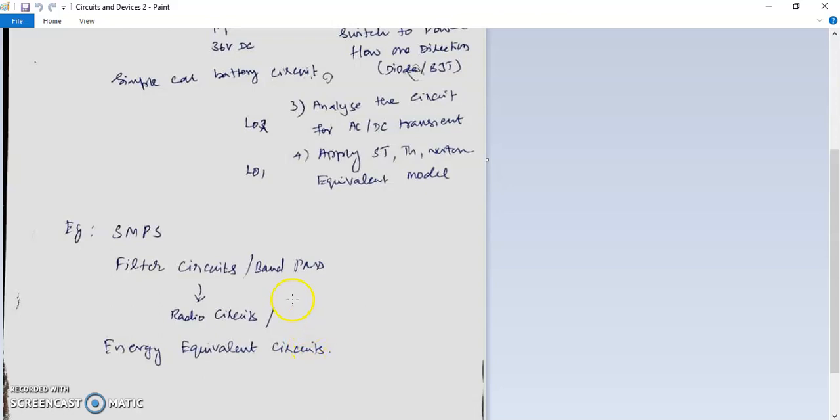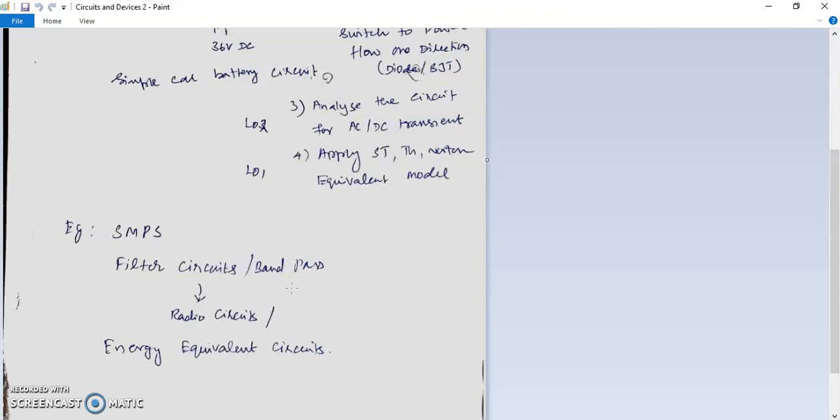As I mentioned, because this is a preliminary or year 1 subject, try to come up with as many questions as possible. So probably you can come up with 6 questions, which is fine. Each will carry 10% of the marks, and you can come up with different examples and ask them to apply what you teach in class in terms of superposition, Norton and Thevenin theorems, AC transient, DC transient, and the application of devices like diodes and regulators, for example voltage regulator and zener regulator.